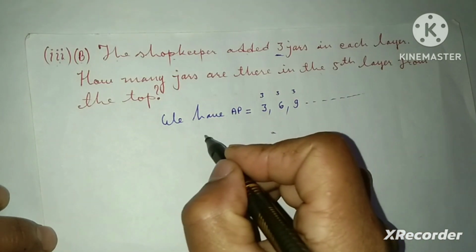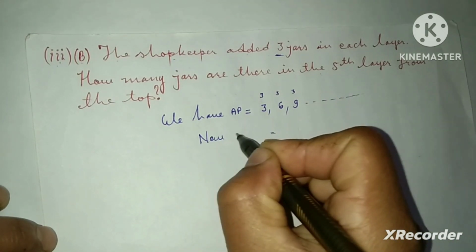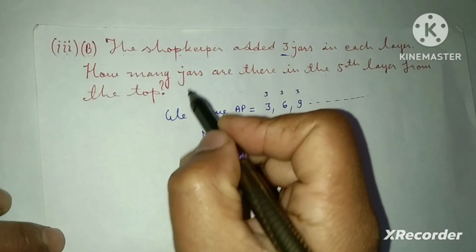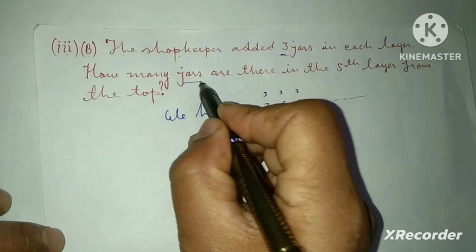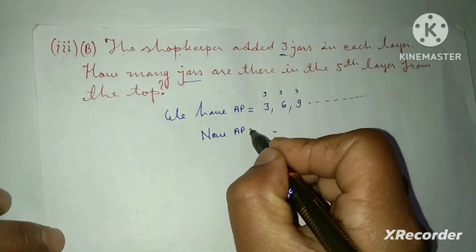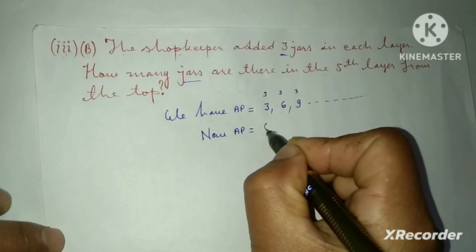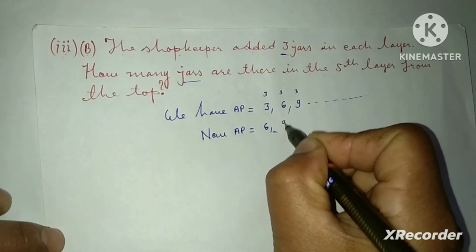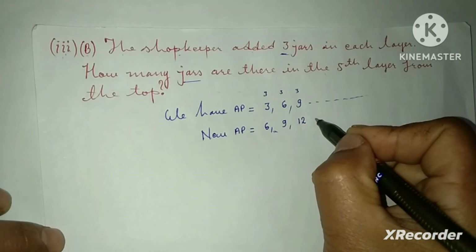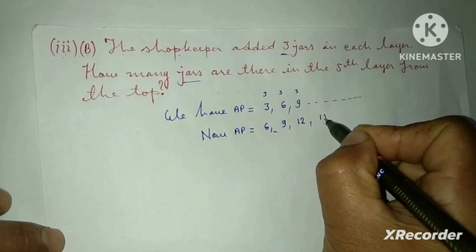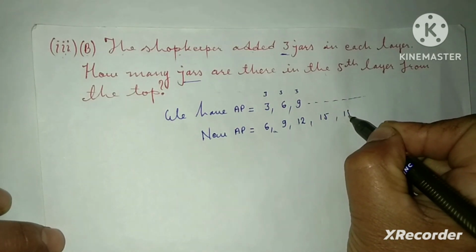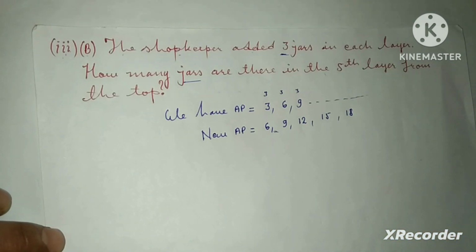Now our new AP, or number of jars in each layer, will be: in the first layer 6, in the second layer 9, in the third 12, similarly in the fourth 15, and in the fifth layer there is 18.